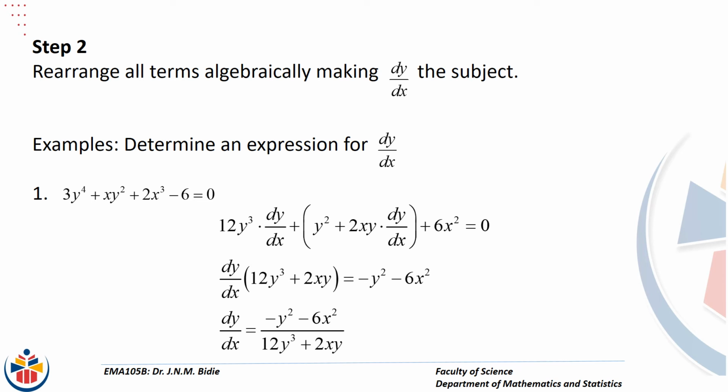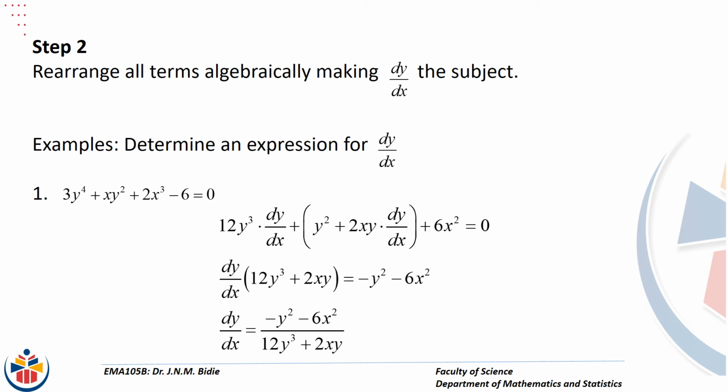Let's do a few examples. Number 1, we've got 3y to the power 4 plus xy squared plus 2x cubed minus 6 equal to 0.